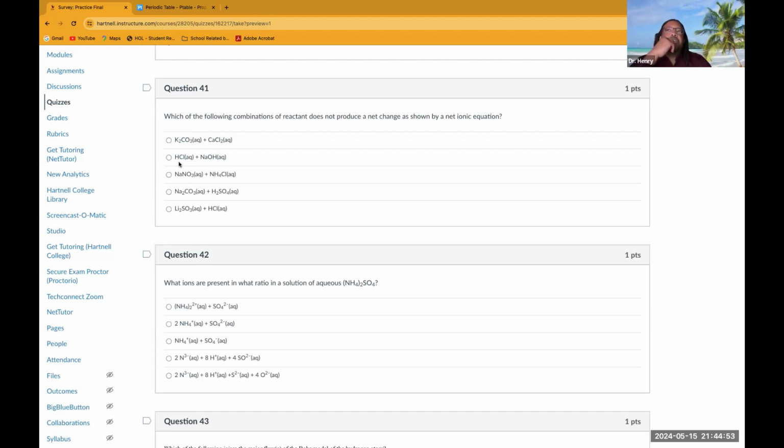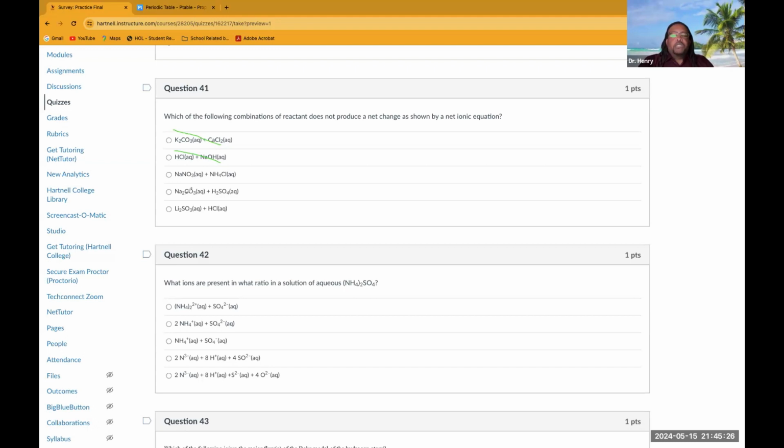Well, we know that this is an acid-base reaction, so that one's out of the question. It's not going to produce all spectators because we're going to get water and something else. What about this one? Don't we know from the question above that calcium carbonate forms a solid? Yes. Okay, so we can get rid of that one. What about when we have hydrogen and carbonate?